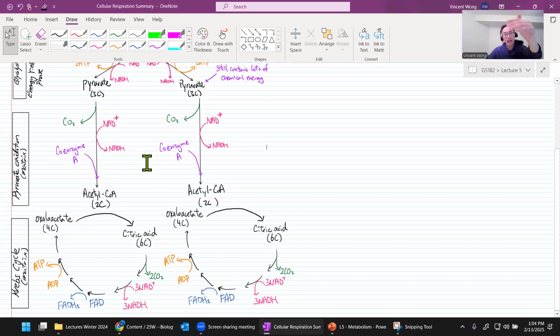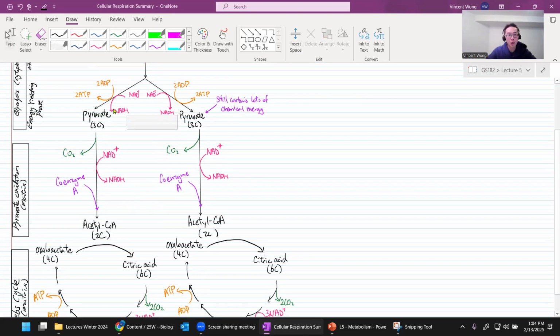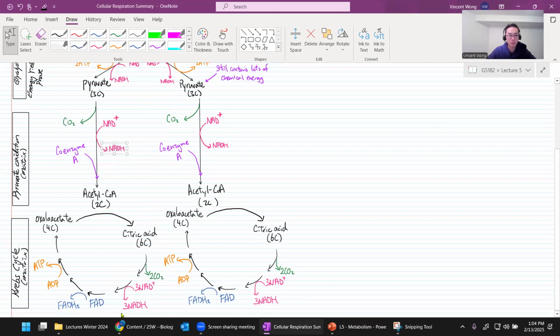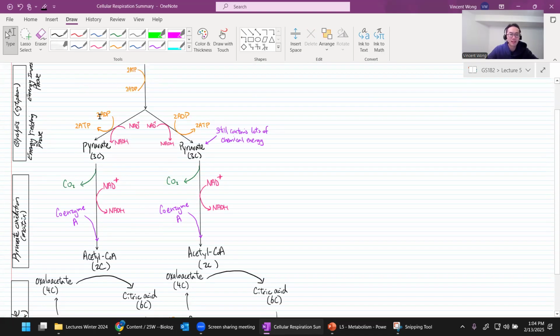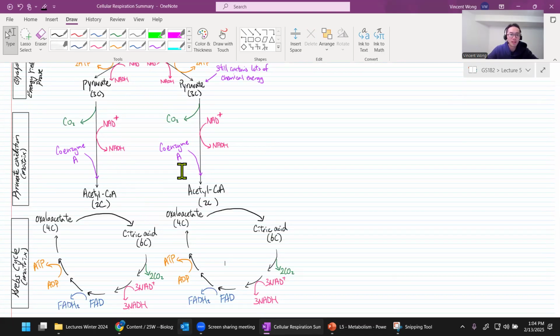That's why by the end of these three stages, we have a lot of full taxis, if you would. NADH here, NADH, more NADH, some FADH2. We produce a little bit of ATP as well, but it's nothing. It's peanuts. Only four ATPs in total. The big money is at the ETC. That's where we're gonna get the rest of the 36 ATPs. And that's what I'm gonna show you next.